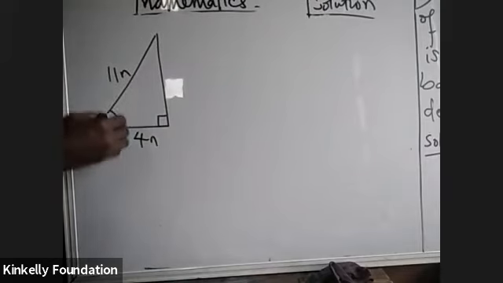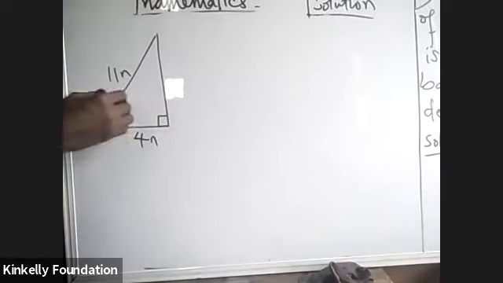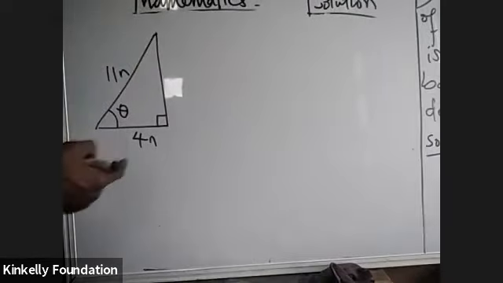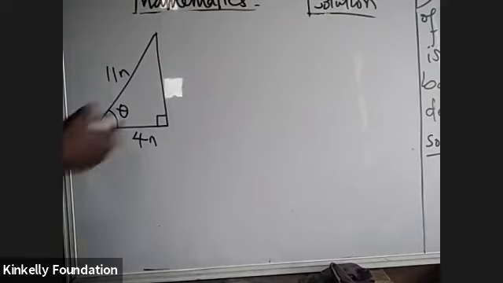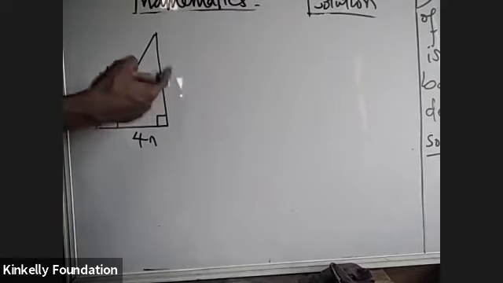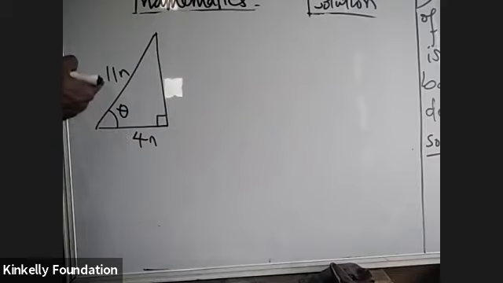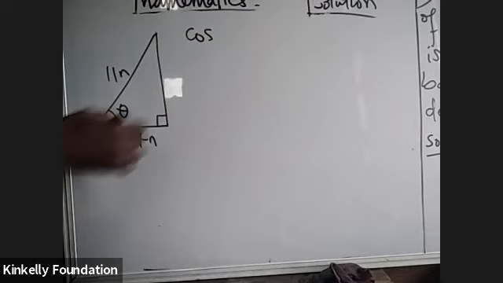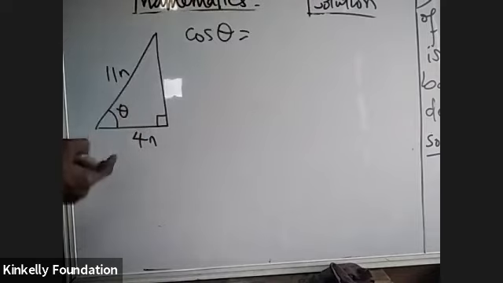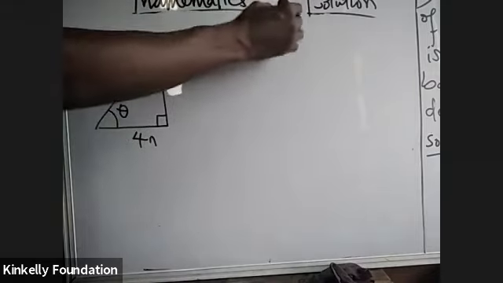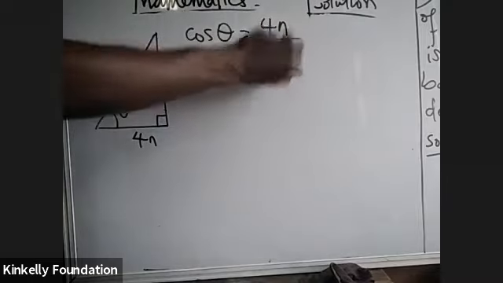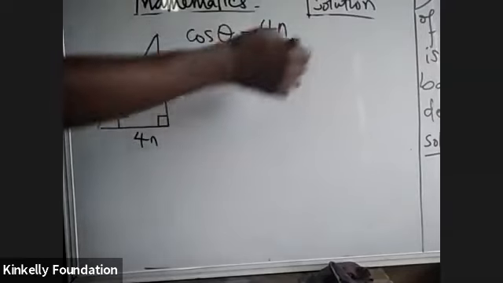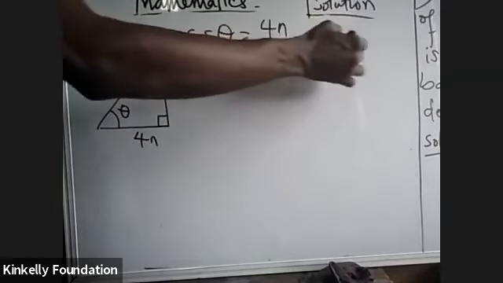Now, they say we should find the base angle. Let's call it theta. From our trigonometric ratio, this side is not given. This is the adjacent and the hypotenuse. So cos theta is equal to adjacent, which is 4n, over hypotenuse 11n, and n cancels to give us 4 over 11.